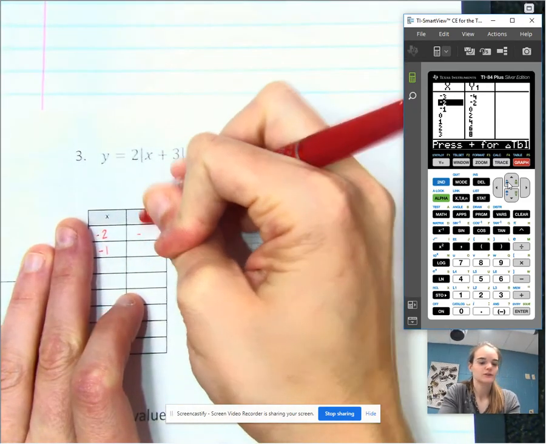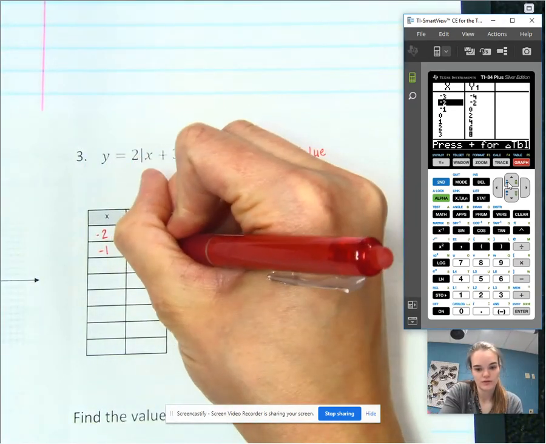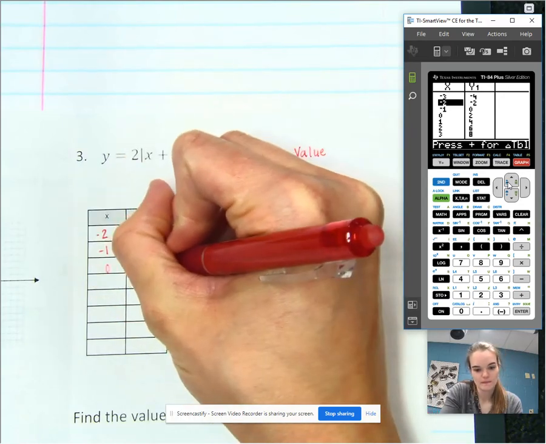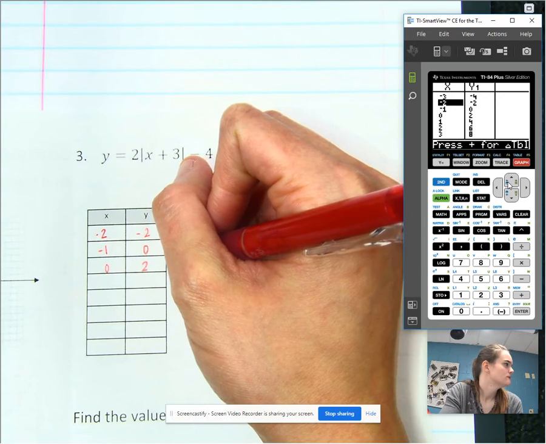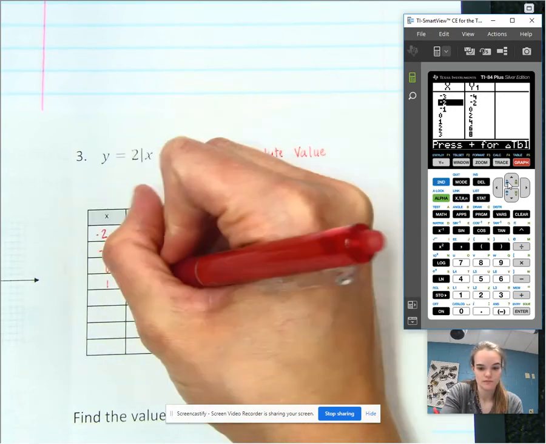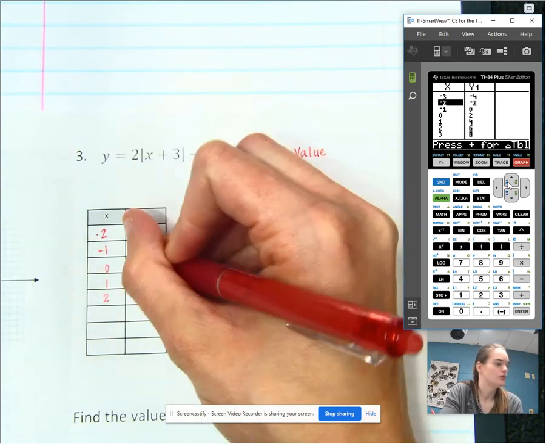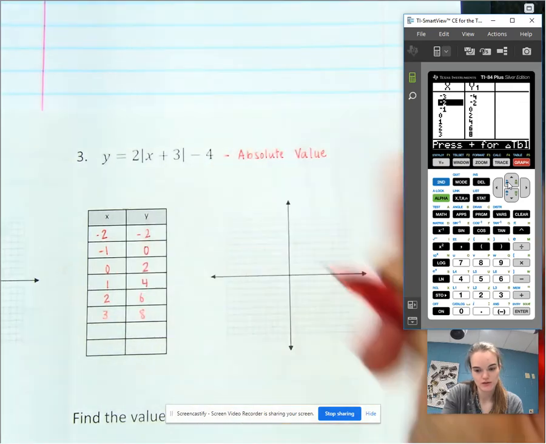Sorry, guys. Negative 2. Negative 2. Negative 1, 0. 0, 2. 1, 4. 2, 6. 3, 8.